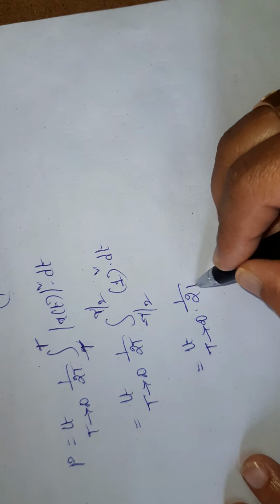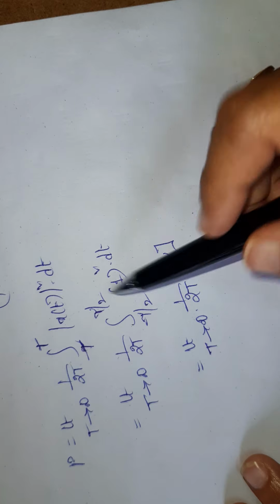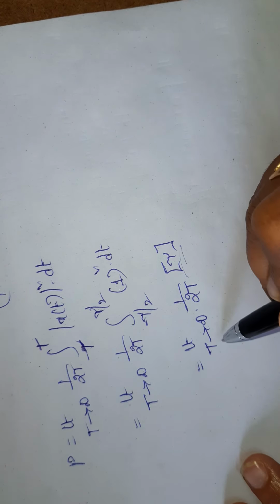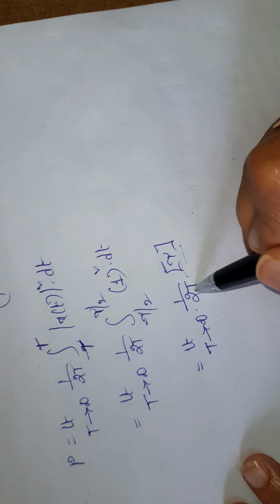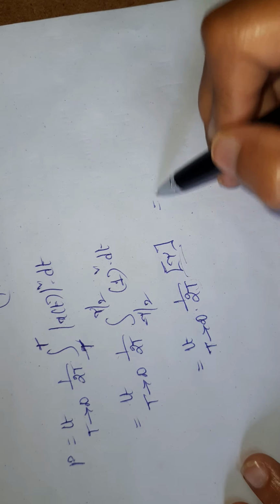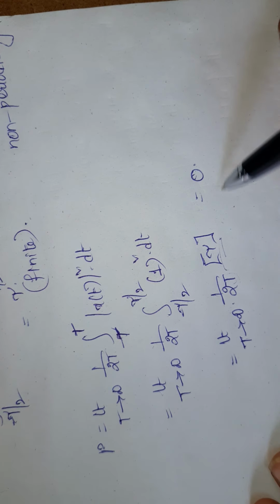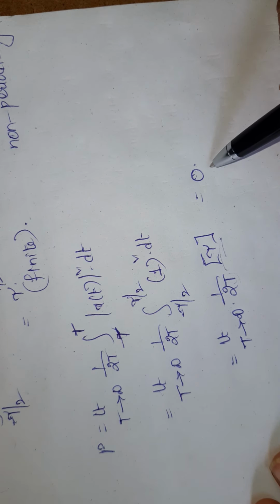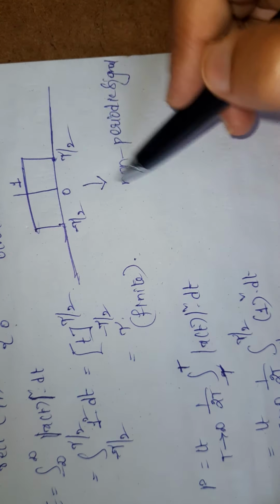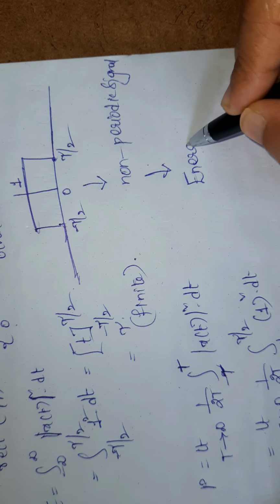After doing the integration I'll get tau here. Okay, so if I substitute T as infinity in the denominator, 1 by infinity is 0, the answer is 0. Okay, energy finite and power 0 means this given rectangular function is an energy signal.